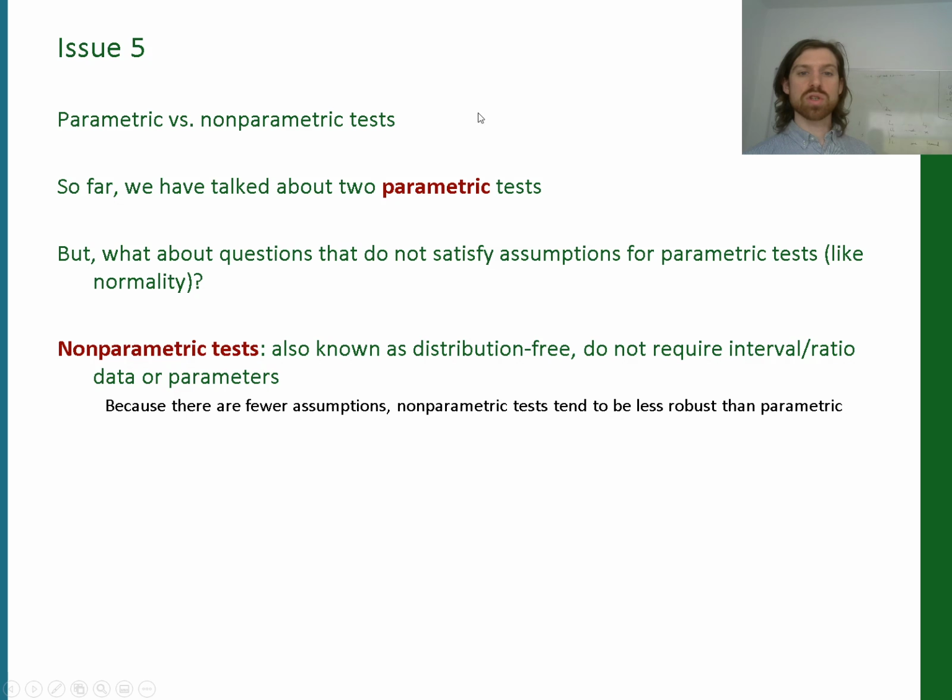So we've talked about parametric tests so far. We assume that they're normally distributed. What about those populations that aren't normally distributed? Well, non-parametric tests, also known as distribution-free, do not require interval or ratio data or parameters.